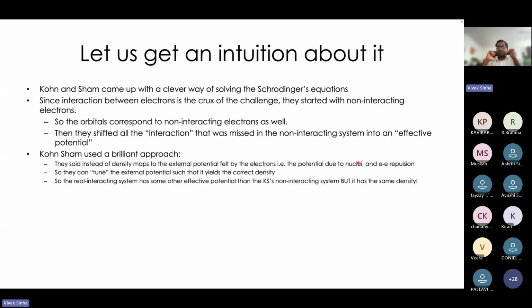Why I am talking about effective potential is that Kohn-Sham said that instead of using a density that maps to the external potential felt by the electron, which constitutes the potential of the nuclei-electron attraction, you tune the external potential such that it gives you the correct density, because there is a mapping, right? If you know the true ground state density, you know what the external potential is, by which I mean where the nuclei and other electrons are and what kind of potential they give. There is some constant ambiguity, but you know it.